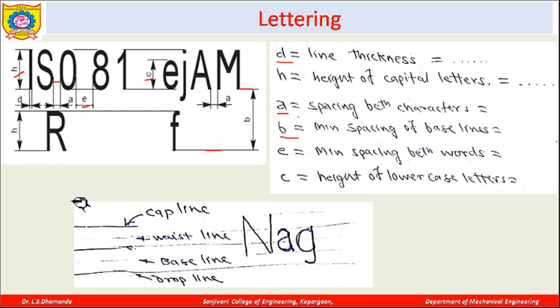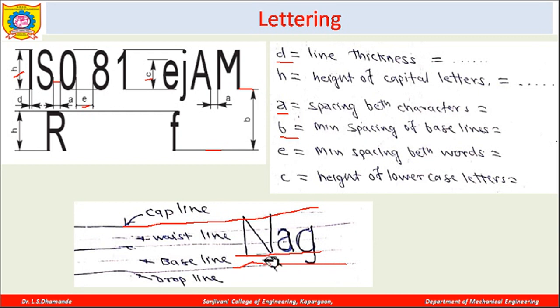So you have a number of lines. This top line is called the cap line. This is the baseline. And this is the drop line, because for small letters, for example the letter G, some part of the G comes down up to the drop line.